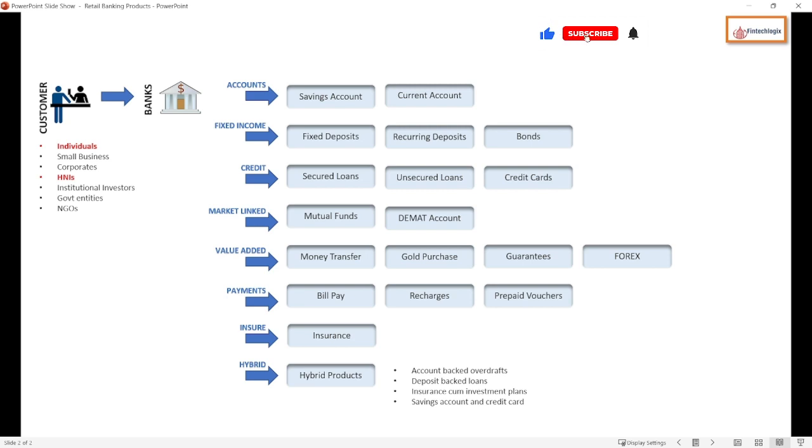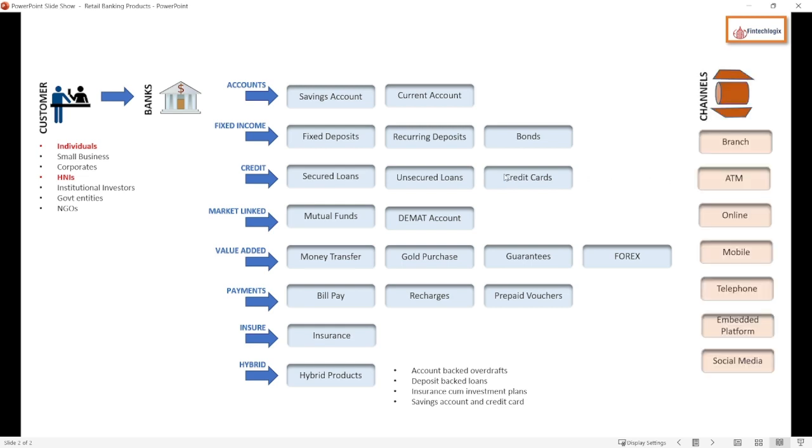Now, as we talked about all these products, these can be offered through any of the channels or modes. So I thought I will cover that topic, how these products are offered.